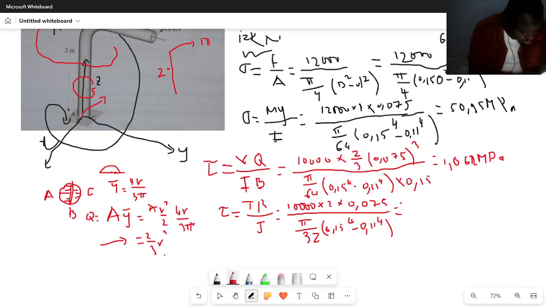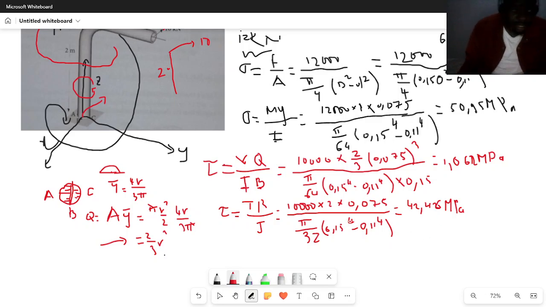Mr. S, I'm getting 42.42 MPa. Like this. This is it, right? 42.46, Mr. 46. 42.46.